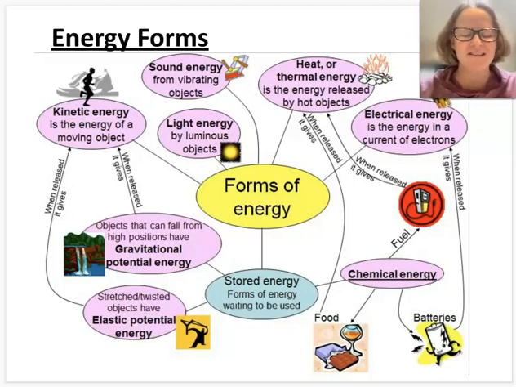In this video, we're going to think about energy forms and how we can transform energy from one energy type to another. In this mind map here, you can see different forms of energy.